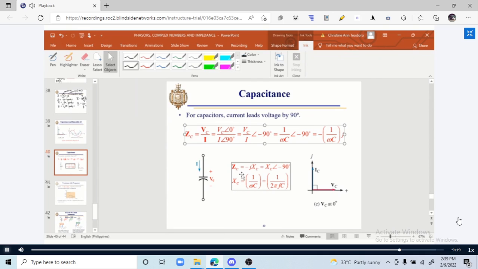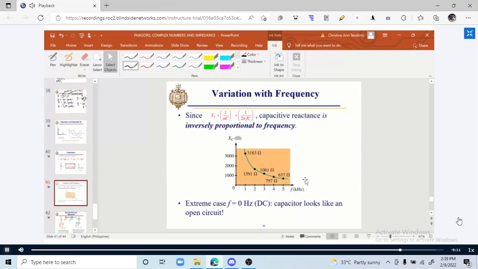That's why ZC can also be written as negative j over 2 pi FC, or our ZC can also be written as negative j over omega C. Okay, so always remember these equations. Now, for the variation with frequency, since XC is equal to 1 over omega C, we can say that our capacitive reactance is inversely proportional to frequency.